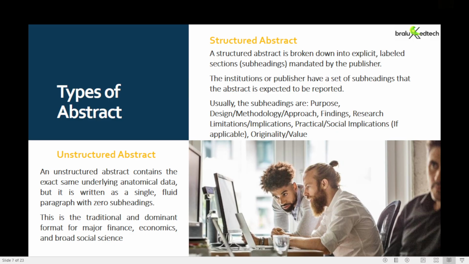Then the second type is the unstructured abstract. An unstructured abstract contains the same information but is written as a single paragraph. No subheadings are used. So the difference between structured and unstructured abstract is that in a structured abstract, each section is clearly written out with subheadings, while an unstructured abstract is just like a paragraph.